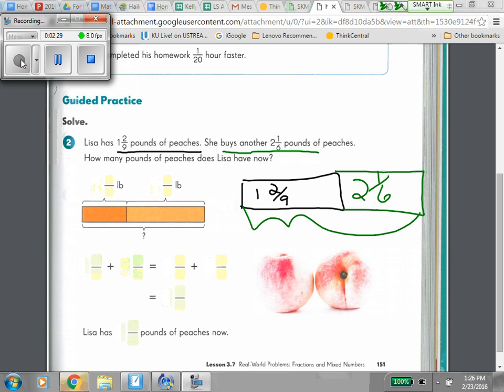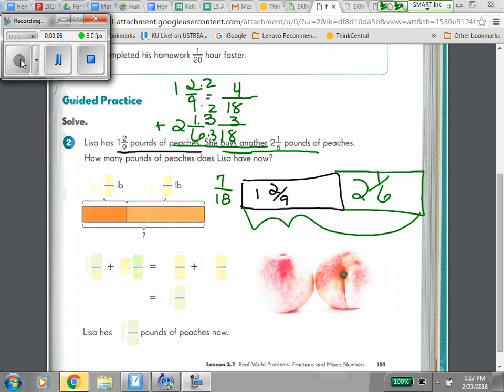So what you will do is add the pounds of peaches that she bought. So we have 1 2/9 plus the 2 1/6. I'm running out of space here. And then we have the common denominator, which is going to be 18. 6 times 3 is 18, so I must multiply 1 times 3, and that's 3. 9 times 2 is 18, so 2 times 2 is 4. 4/18ths and 3/18ths is 7/18ths.